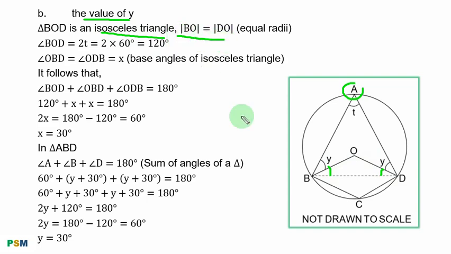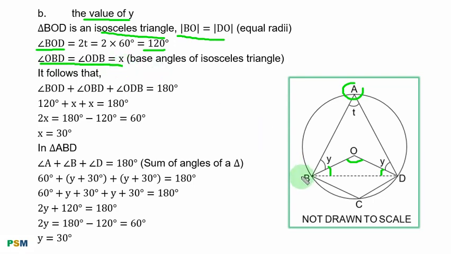In that triangle, the base angles are equal. Previously, this angle is 2T and T is 60 degrees. Therefore, angle BOD is equal to 120 degrees. Let the base angles be equal to S.